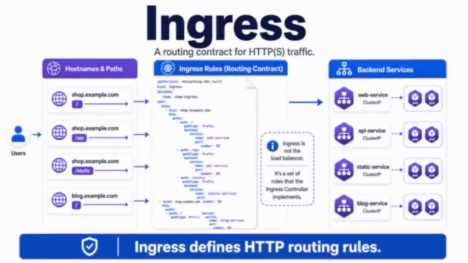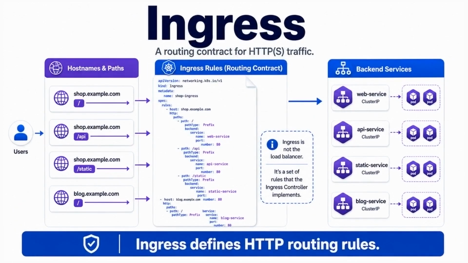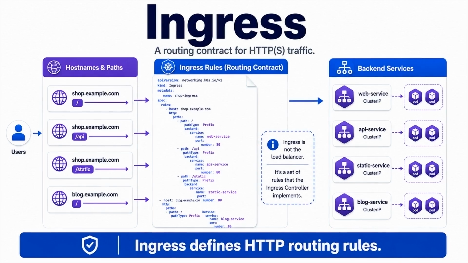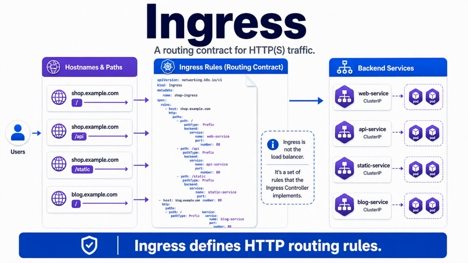Ingress sits one layer higher. It is an L7 routing contract for host names, paths, TLS and HTTP behavior, but it does nothing alone until an ingress controller turns those rules into working infrastructure.